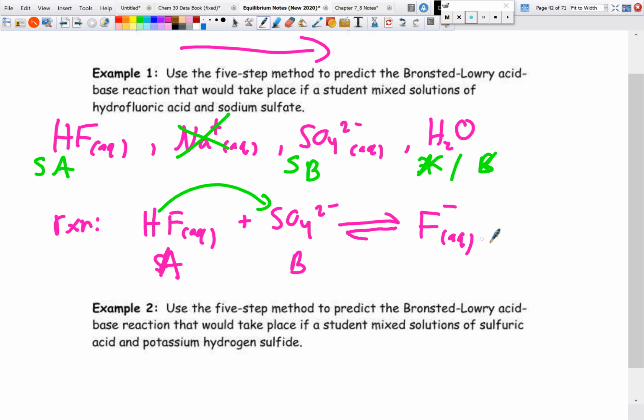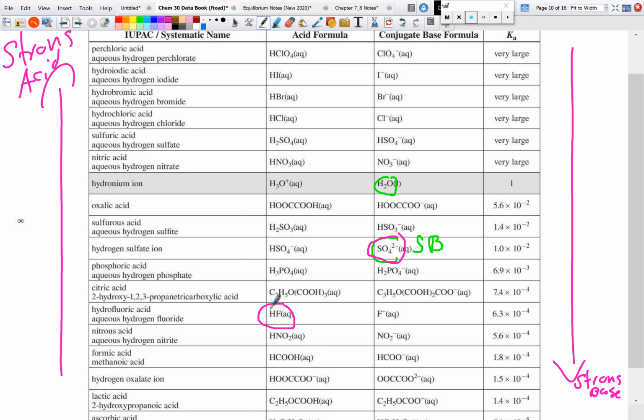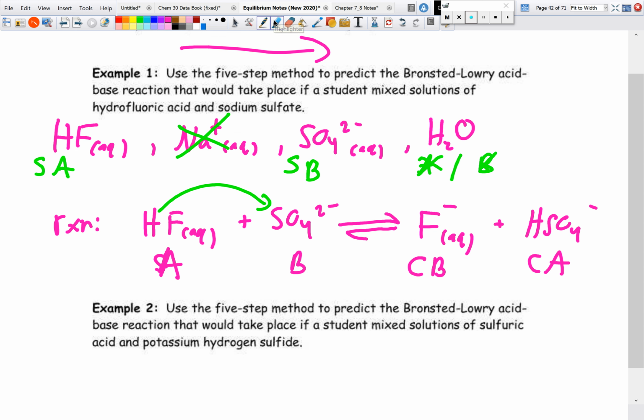We'll be left with the fluoride ion and then HSO4-. And this, of course, is the conjugate base and conjugate acid. Now this is everything there. The last thing that we need to do is predict the position of equilibrium, and we'll notice our strong base is above our strong acid right here, and as we went over before, that means our reactants are favored.